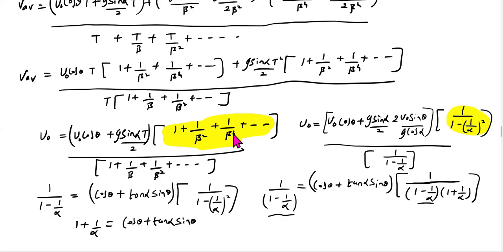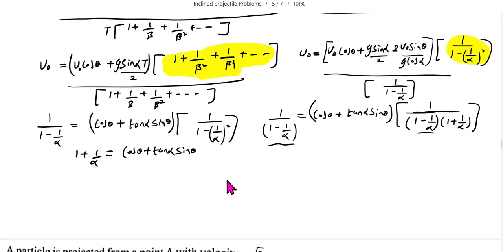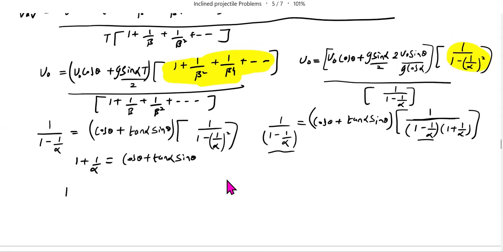We have theta 53 degrees. Let me simplify. 1 plus 1 by alpha equal to cos 53 degrees plus tan 37 sin 53 degrees.